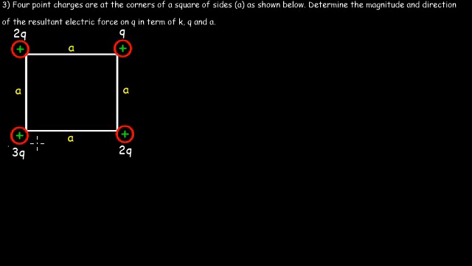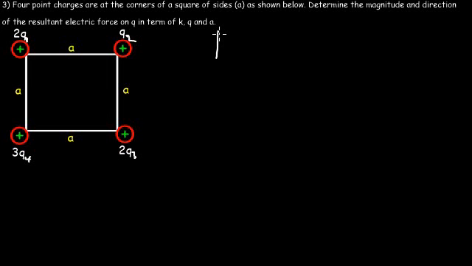So let's begin by listing out all the forces that will be applied on charge Q. This is our main goal. So first, let's assume this is Q1, this is Q2, this is Q3, then this is Q4.